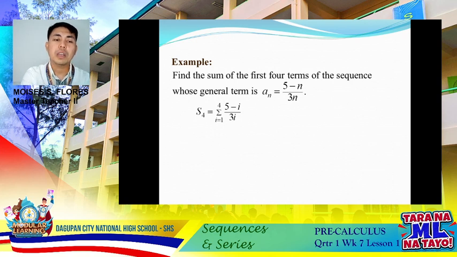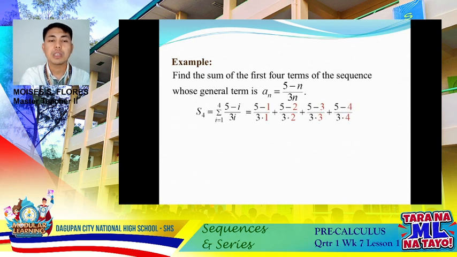S of 4 is equal to the sum of 5 minus i over 3i as i goes from 1 to 4. Because take note, find the sum of the first 4 terms. So your starting point there is 1, and of course your last index of summation is 4.